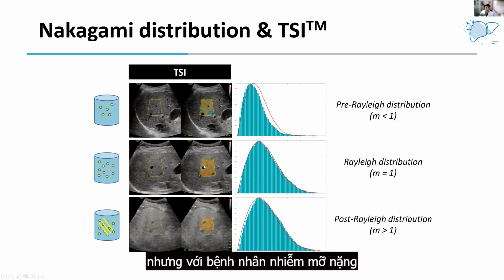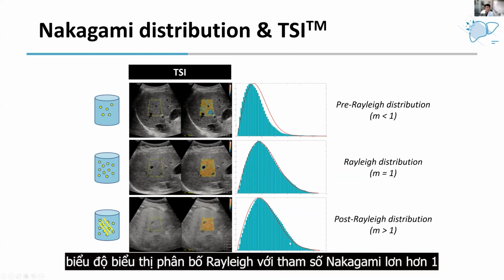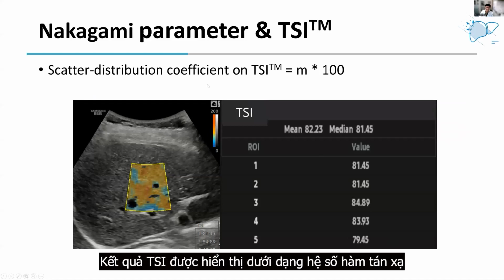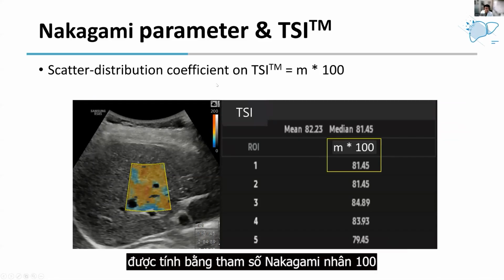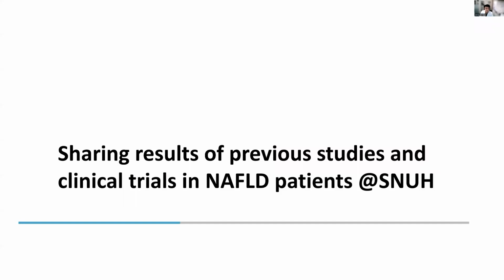But in patients with severe steatosis, the histogram shows the post-Rayleigh distribution with the Nakagami parameter larger than 1. The result of TSI is presented as a scatter distribution coefficient, which is a Nakagami parameter multiplied by 100. In addition, same as TAI, the average and median values of 5 measurements are also presented.